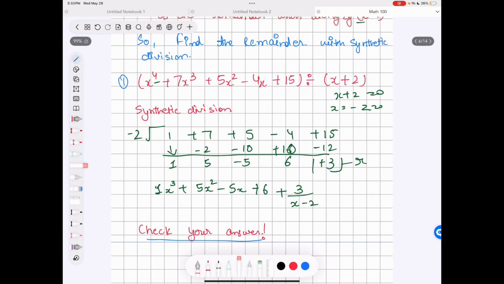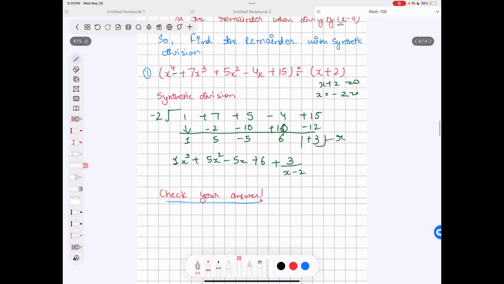If we put minus 2 into x, we would get the same remainder as we got by doing the synthetic division.